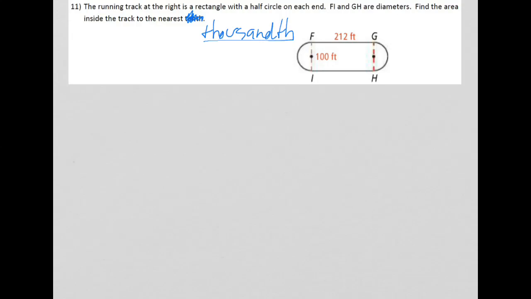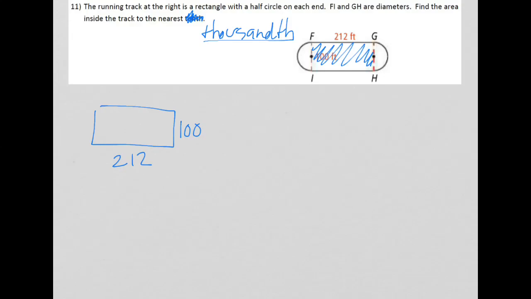To do that, we are going to need to find the area of that rectangle, which ain't no thing because the area of a rectangle is just base times height, length times width, whatever you want to call it. And we have 212 for that length and 100 right there for that width. We know because of that diameter.